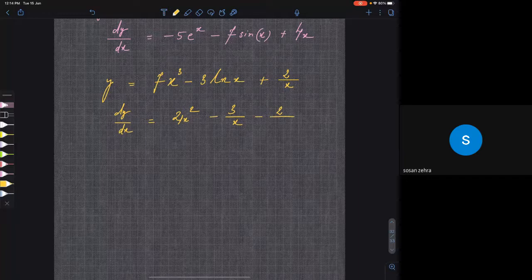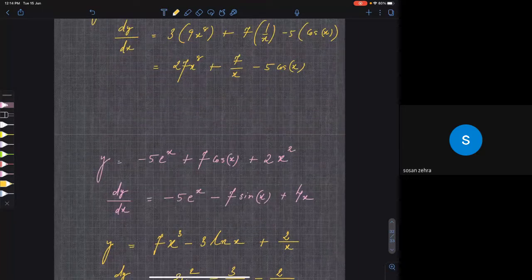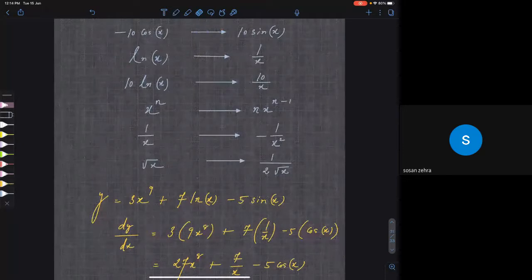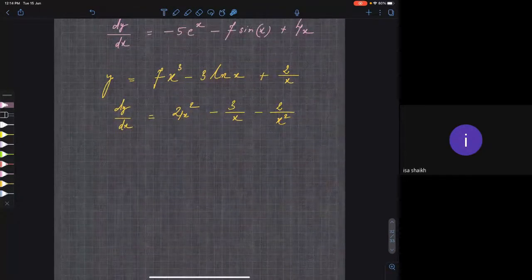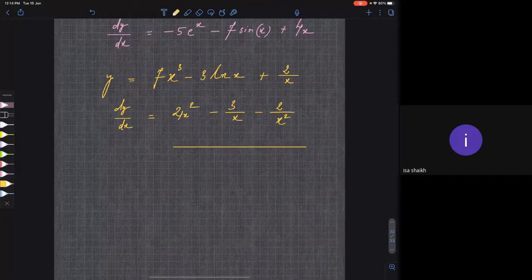So it is minus 2 by x square. Why? Because the derivative of 1 by x is minus 1 by x square. Remember? Yes, sir. If you want, you can simplify also. If you take common denominator as x square, it will be 21 x power 4 minus 3 x minus 2. Do you agree? Clear?